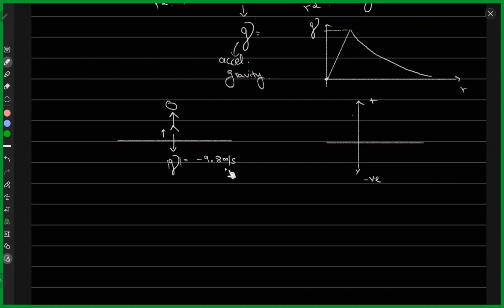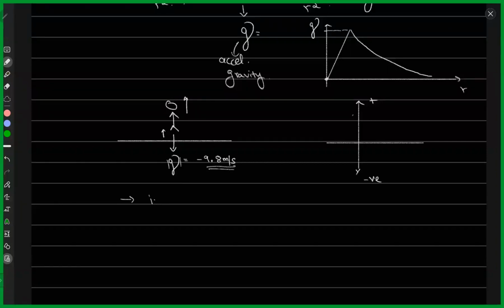One of the interesting things about acceleration due to gravity is that it does not depend on the mass of, for example, the person jumping on this earth. It doesn't matter how heavy you are. You could be 1 kilogram, you could be 100 kilograms, you're going to come back to the ground with the same acceleration, right?